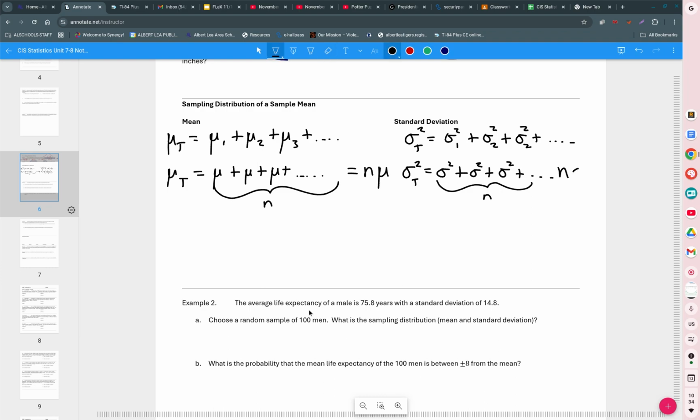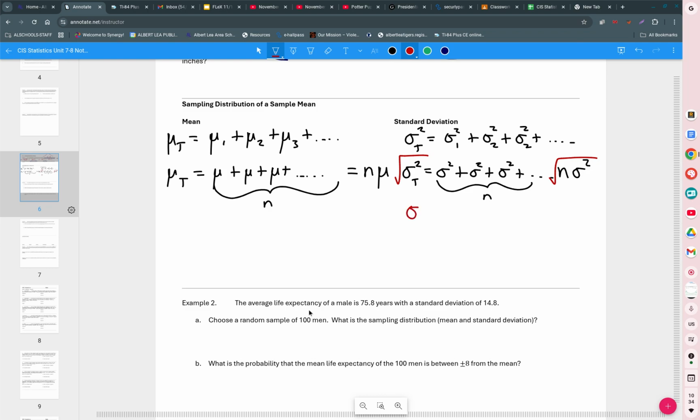It would add up to n times sigma squared. Okay. Do you remember what we did with the variance in order to compute the standard deviation? So if the variance is sigma squared, what did we do to compute the standard deviation? We took the square root, okay? So if I square root this, I'm going to use my property of square roots.